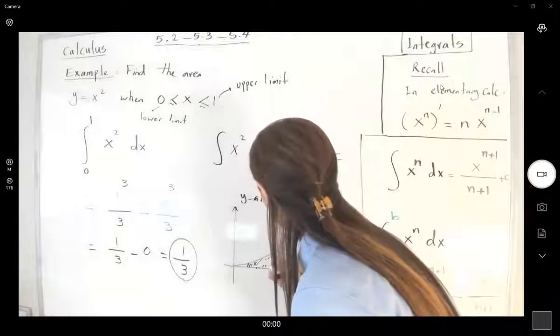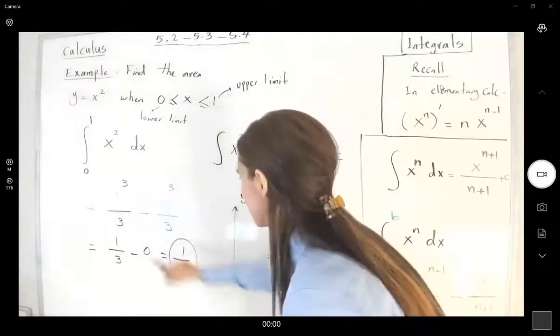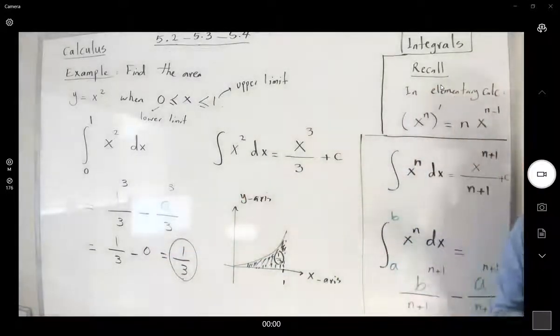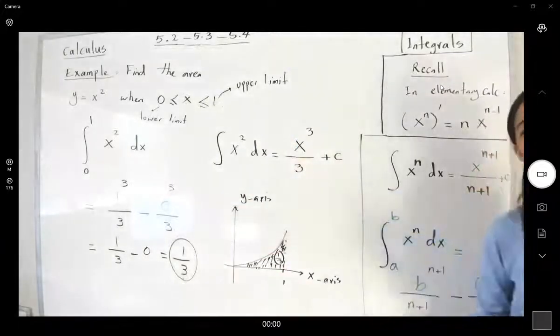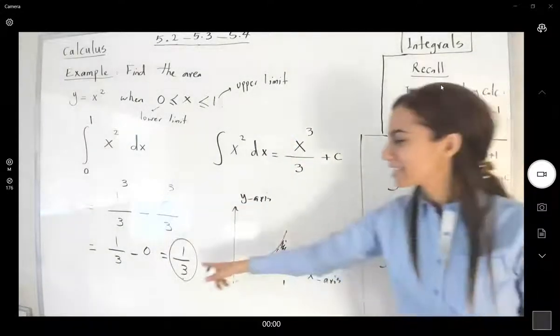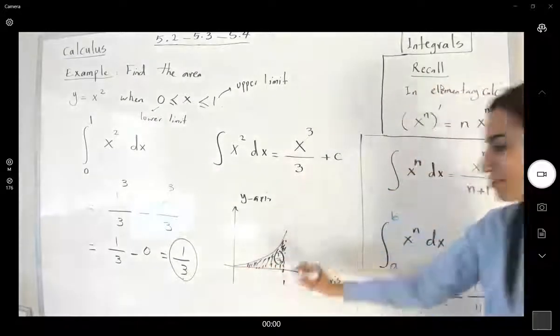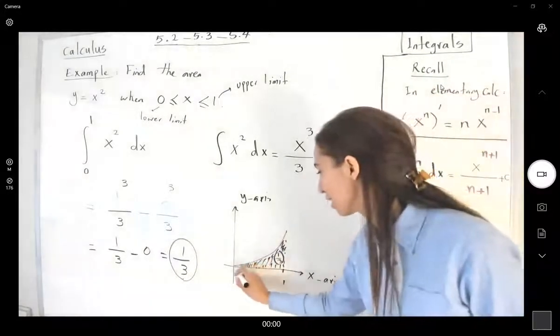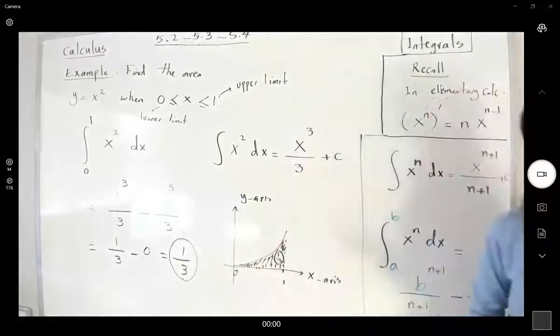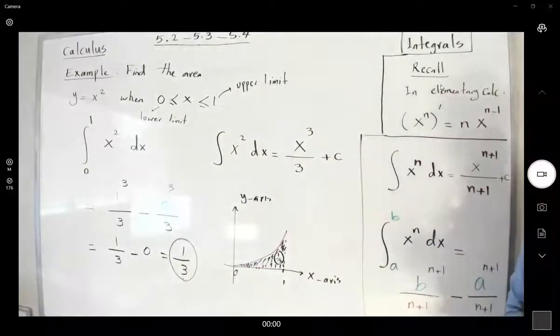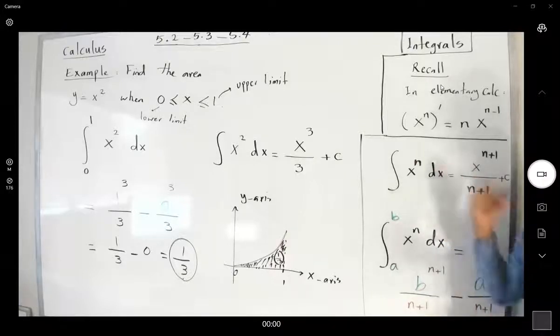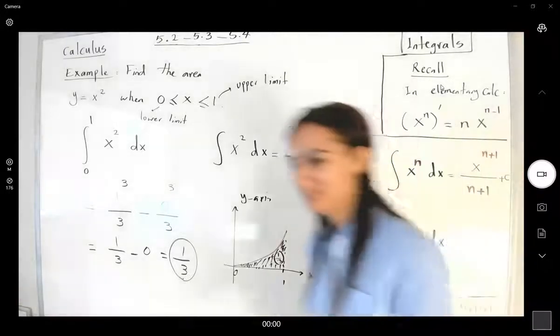By using the concept of the definite integral, we were able to calculate the area below the graph of our parabola, with x bounded between 0 and 1. This is the very first technique that we learned in this class.